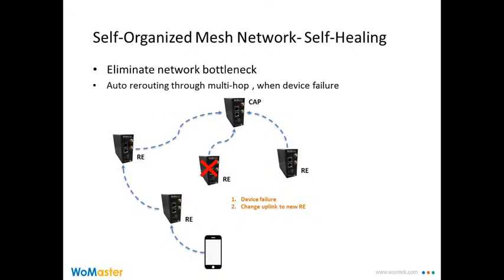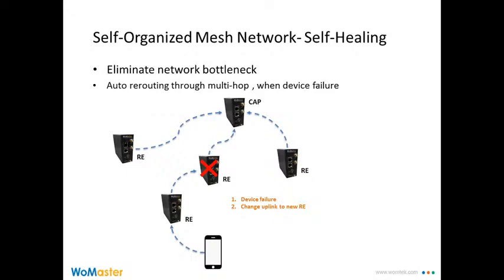We take this scenario as an example. The cell phone can access the WAN through the CAP, and the path is alive. However, one device is broken.